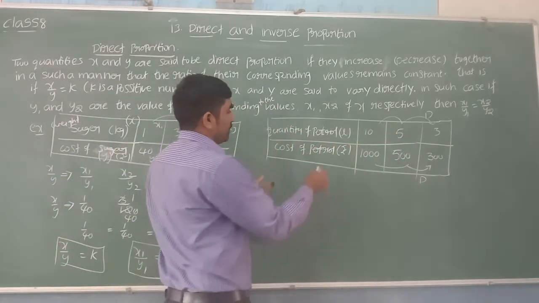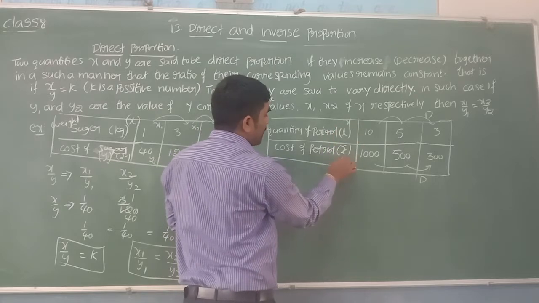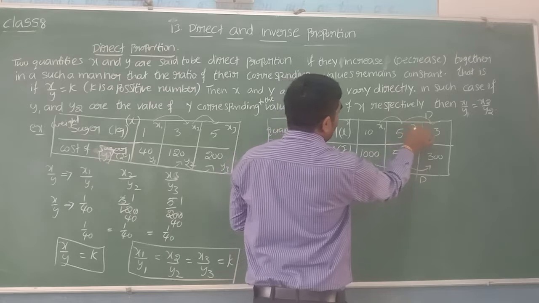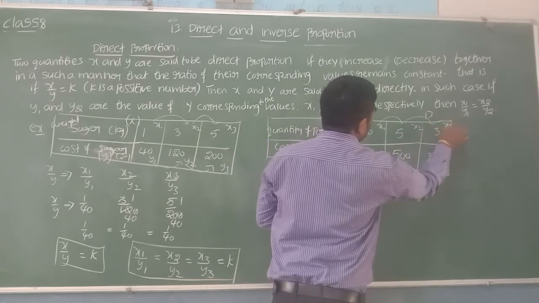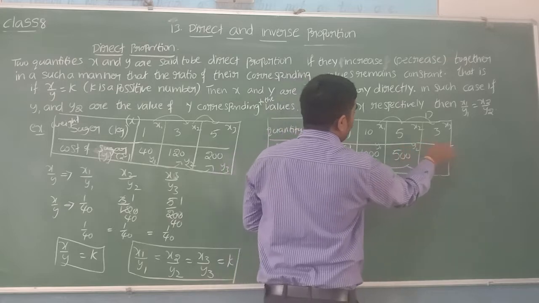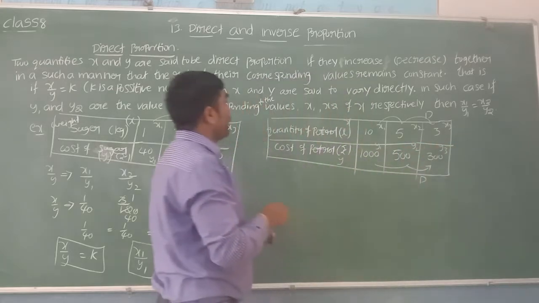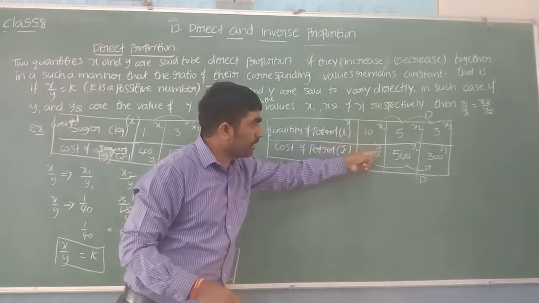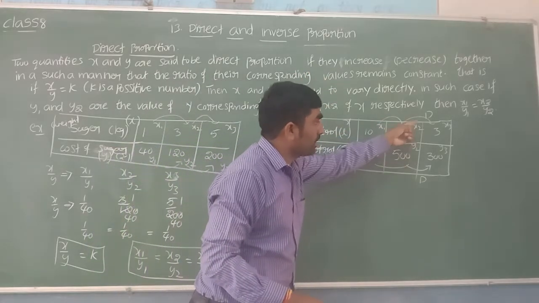So let me take the first quantity as x and the second quantity as y. The x corresponding values we will treat as x1, x2, x3, and the y corresponding values as y1, y2, y3. Now we will find the ratio of their corresponding values: x1 by y1, x2 by y2, x3 by y3.